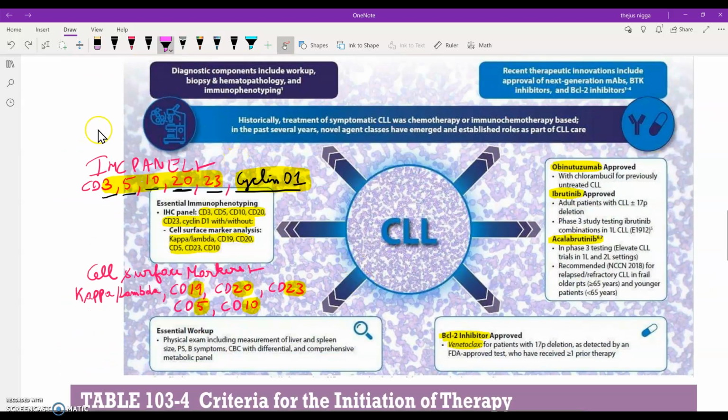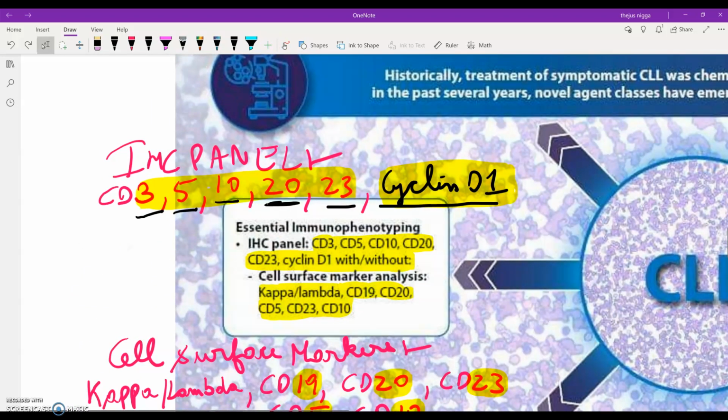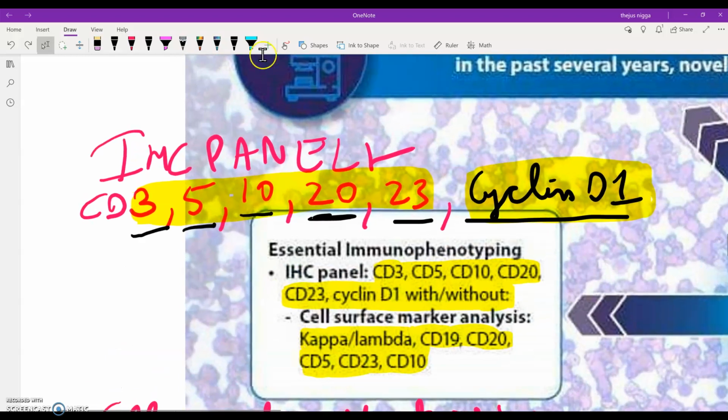If you're going to order an IHC panel for CLL, that's important because it can differentiate it from mantle cell lymphoma. So in the IHC panel, what you should ask for is CD3, 5, 10, 20, 23 and cyclin D1.